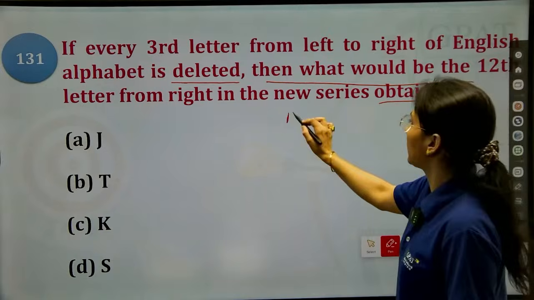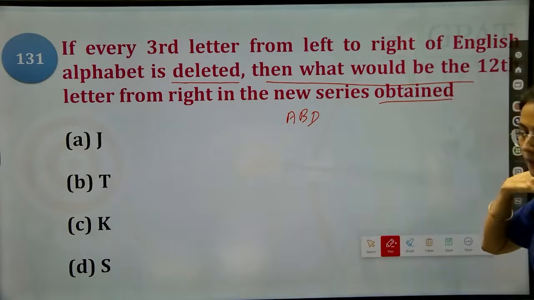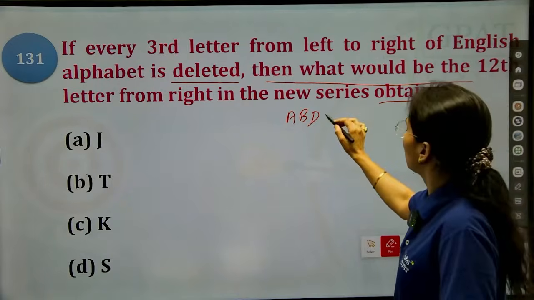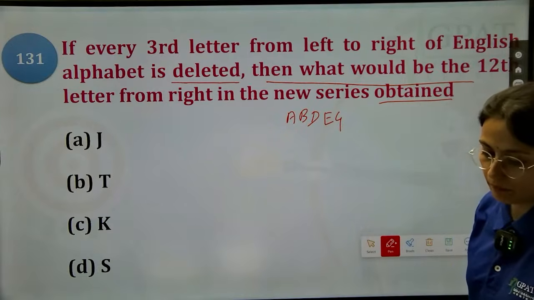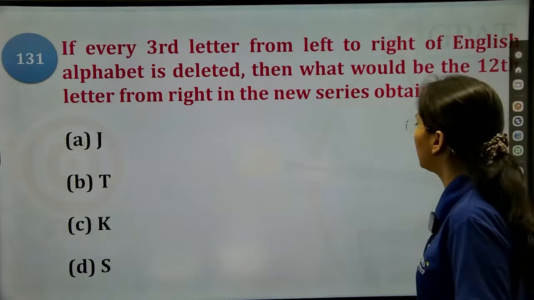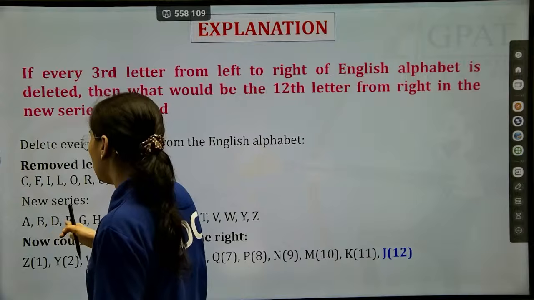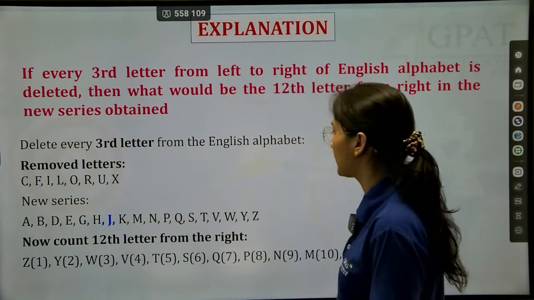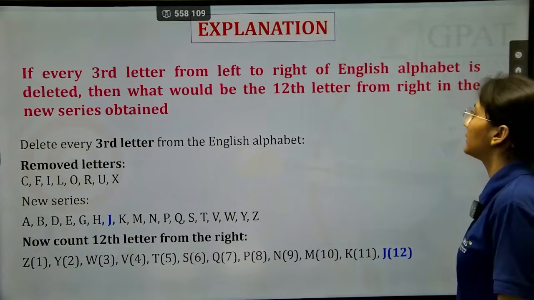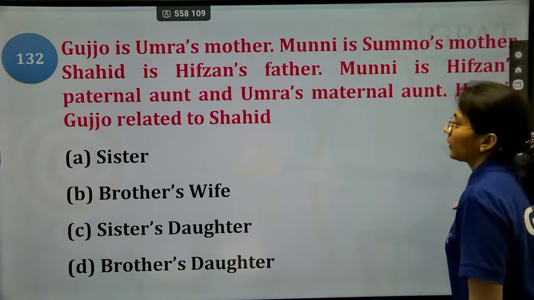That is A, B, D, E, G, H, J, K, M, N, P, Q, S, T, V, W, Y, Z. So we have to find the 12th letter. The 12th letter is J. So J is the correct answer.